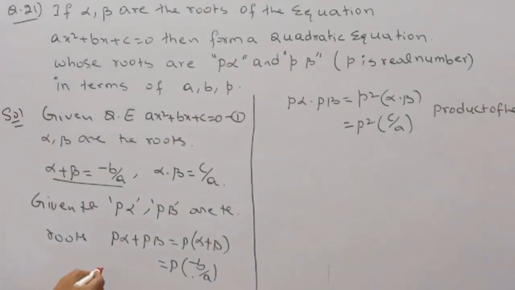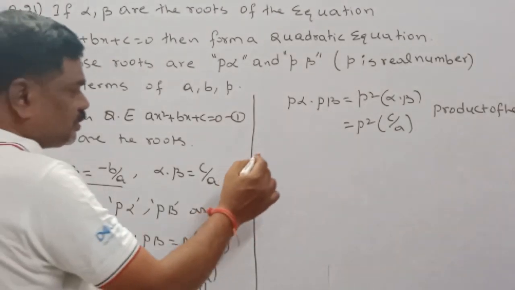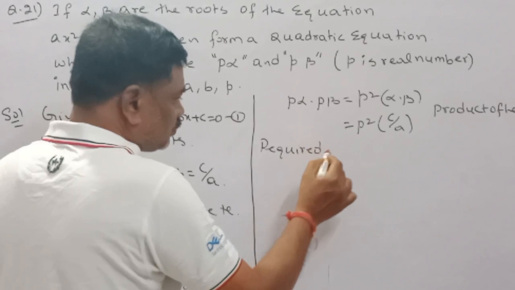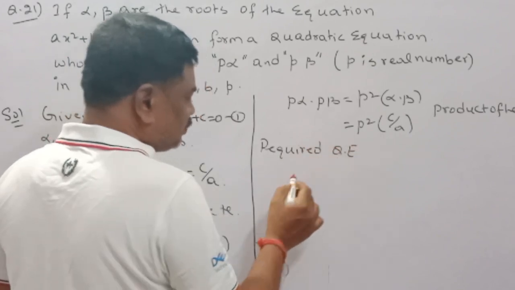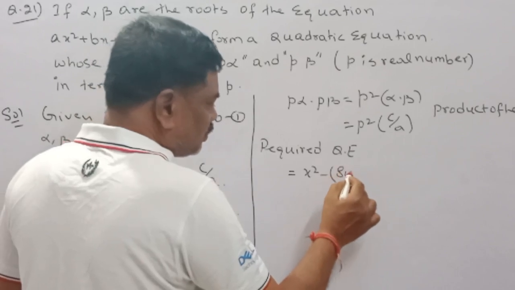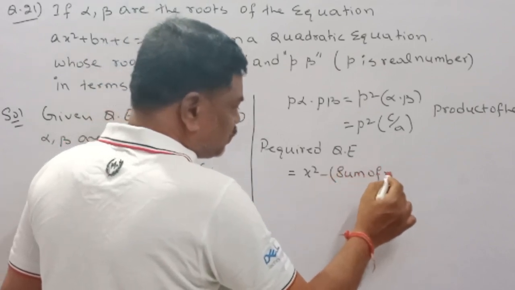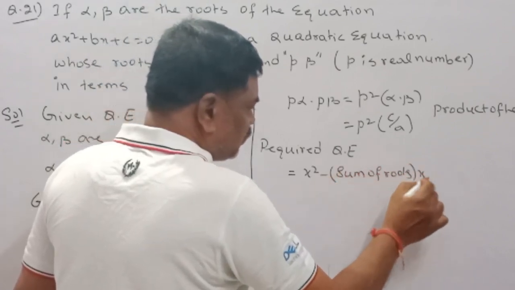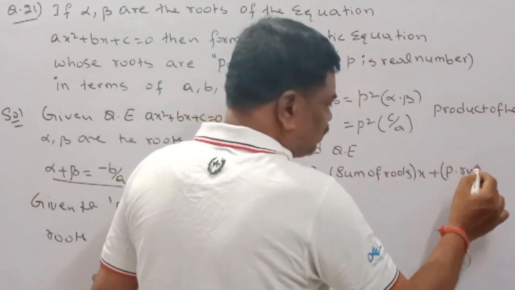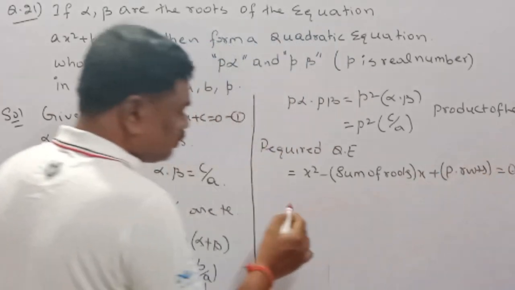This is the sum of the roots. So the required quadratic equation is x square minus sum of roots into x plus product of the roots equal to 0.